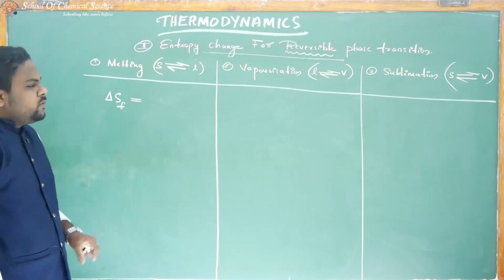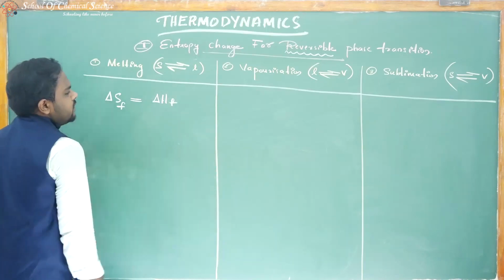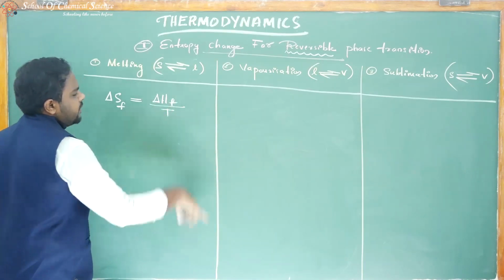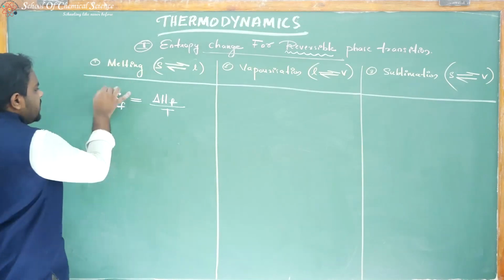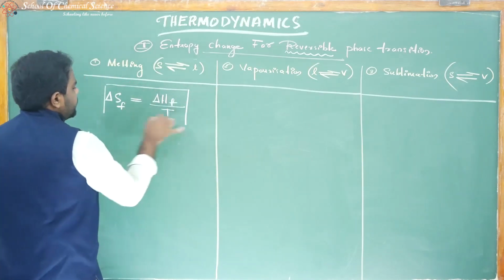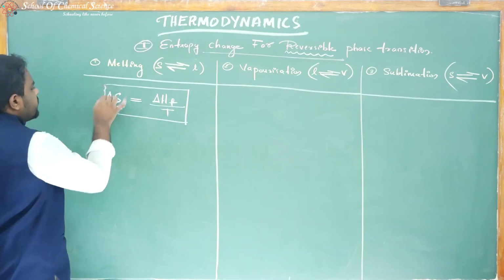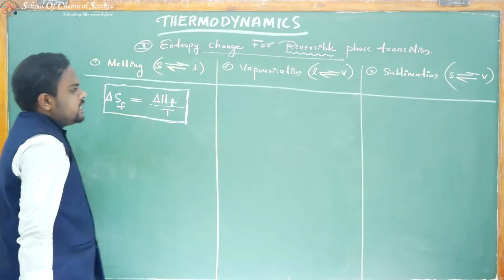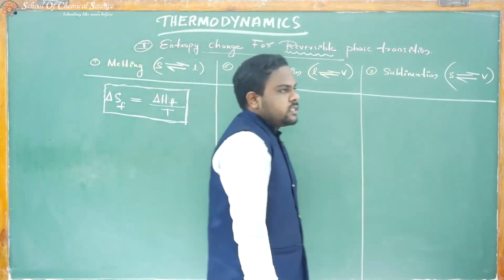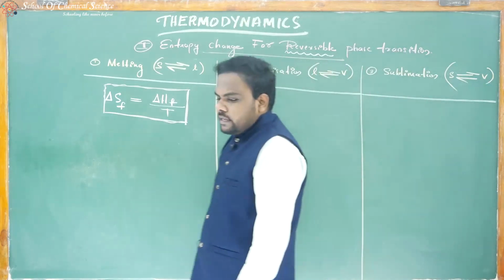Delta S fusion is equal to change in enthalpy of fusion divided by temperature. That's the equation.